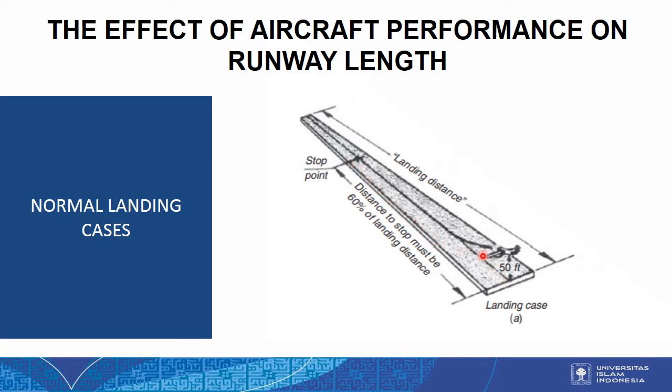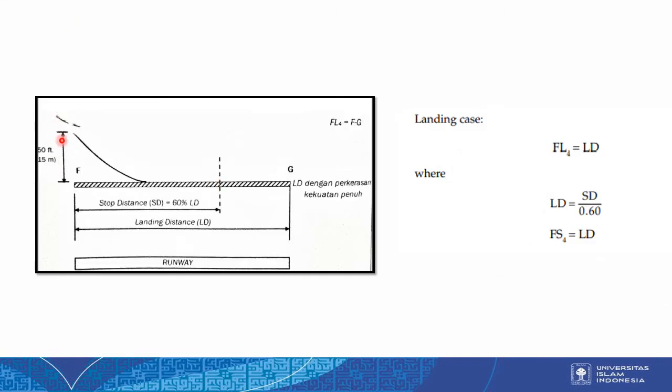And this is actually for turbine aircraft, and for piston aircraft it is the same. So this is the vertical alignment. This is the runway, and from here to here is the landing distance, and from here to here is the stop distance. This is 60% of the landing distance.